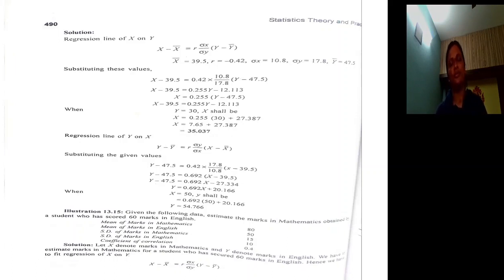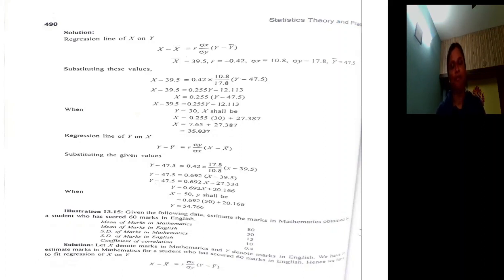Making use of this, we arrive at the regression equation y on x. So y minus y bar, with y bar given in the problem as 47.5, is equal to r, minus 0.42, into 17.8 divided by 10.8 into x minus 39.5.